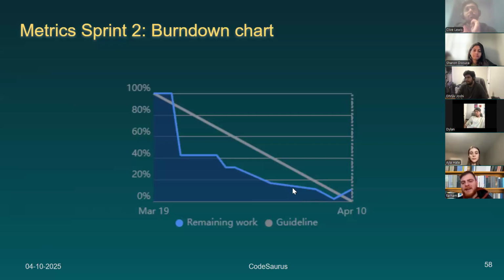That's why at the end we have that little increase. But with that, we think we did great. Next sprint, we're probably going to be taking on more user stories so that our work is a little more aligned with the expected burndown chart results.